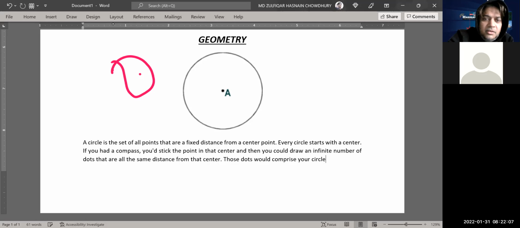No. Why not? Because every dot is not equally distant from the center point. Even if I try more close like this, is it a circle? No, because the dots aren't equally distant. Okay, I understand.